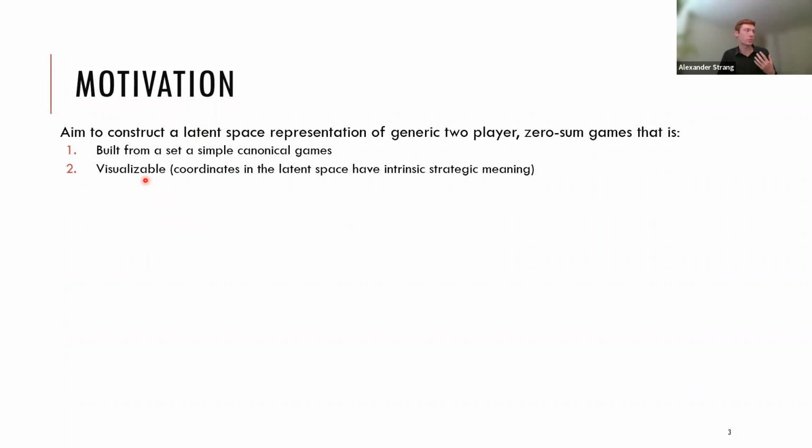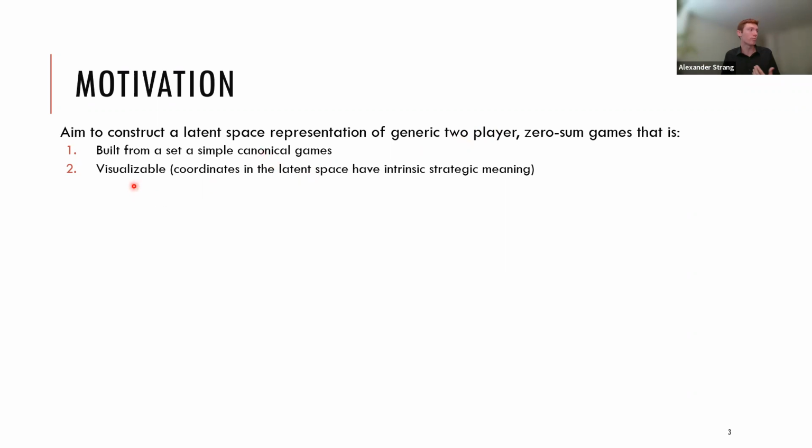So we aim to construct a series of simple canonical games where each game can be represented in a space that you can visualize. And then whatever strategic information is encoded in the original game should be subsequently encoded in the geometry of these simpler games once we map into them.